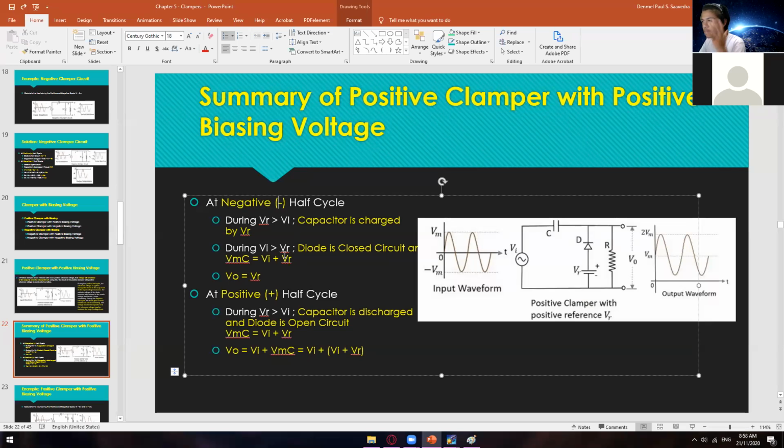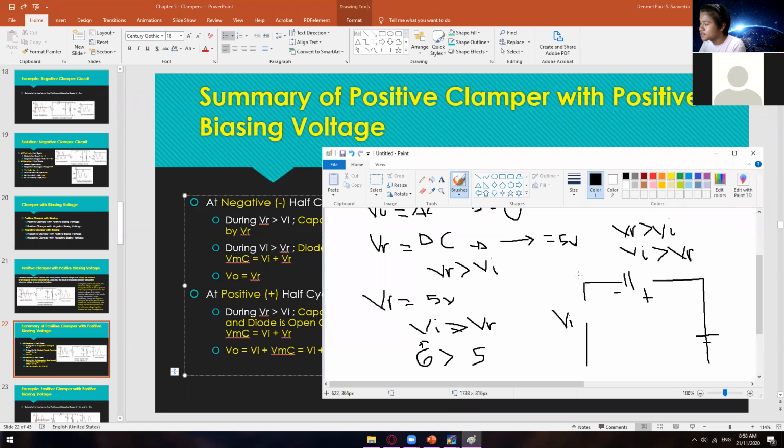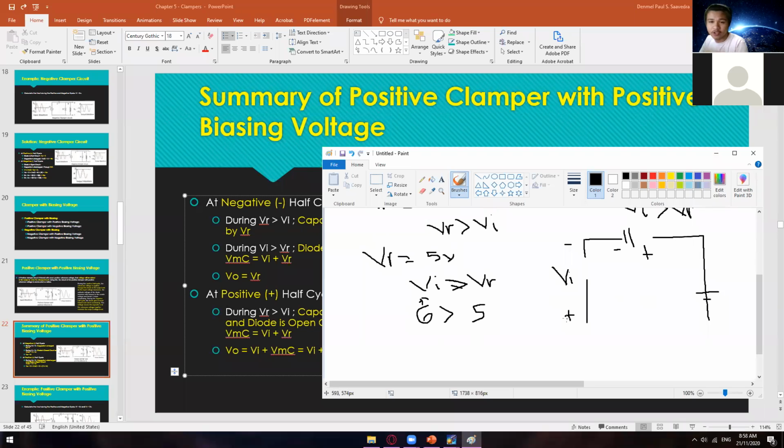Again, we always start wherein we'll be having a closed loop, and we'll have a closed loop only if this one is a negative half cycle. So negative is connected to the negative, and positive is connected to the positive. Let's change this one into a negative half cycle for now, since my explanation before started from positive, but I made a wrong assumption.